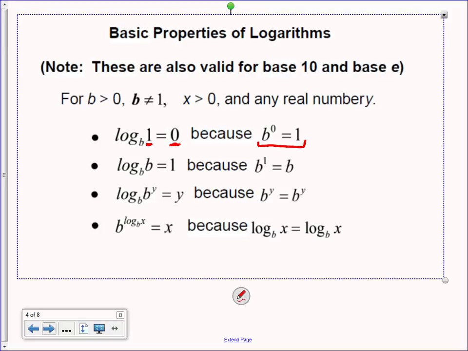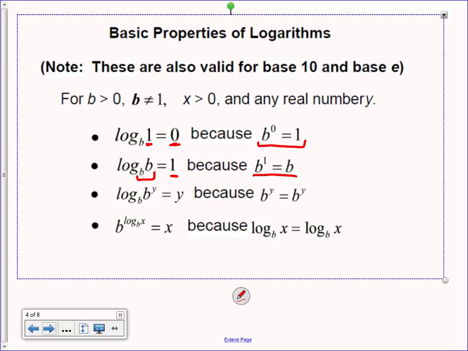So because b to the 0 power equals 1, log base b of 1 equals 0. All right, the next property is log base b of b. So notice that these are the same. In that case, it's going to equal 1, because b to the first power equals itself, b, okay?